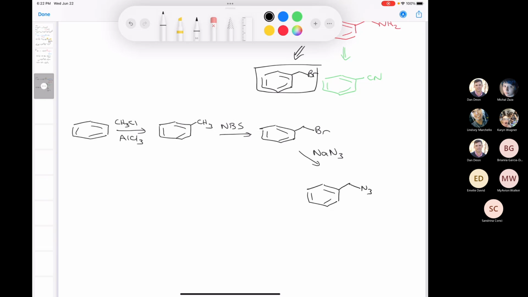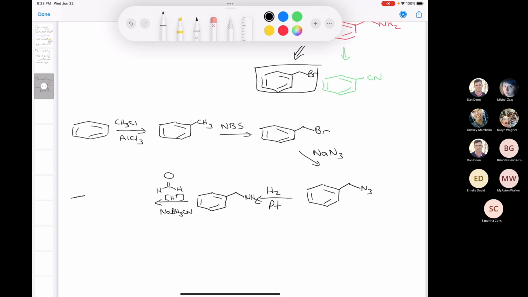There's a number of ways you could do it. I'm going to choose hydrogenation, so hydrogen and platinum, and that's going to give us the primary amine that we wanted. And now we can do our reductive amination. So we're going to need formaldehyde, since we only need one carbon, a catalytic amount of acid, and sodium cyanoborohydride.